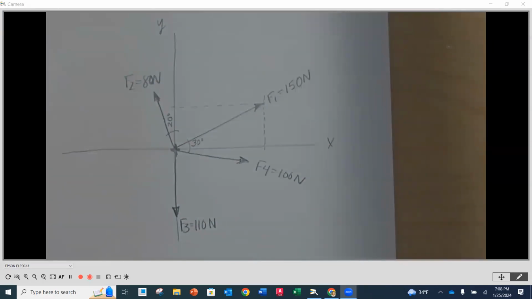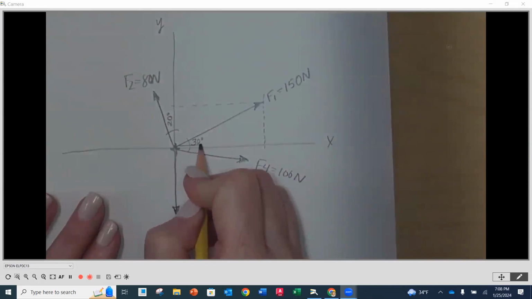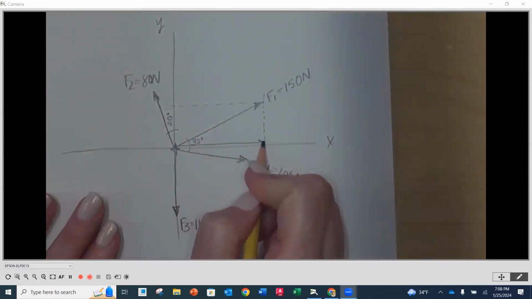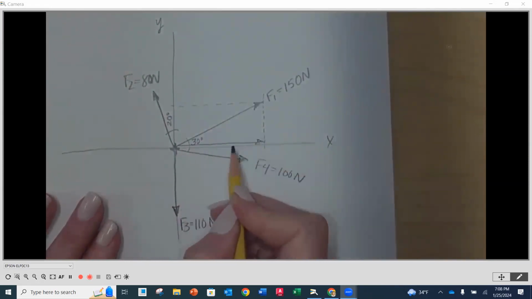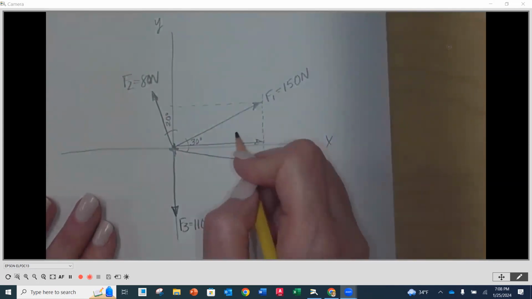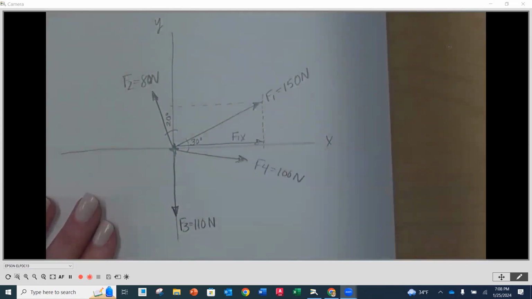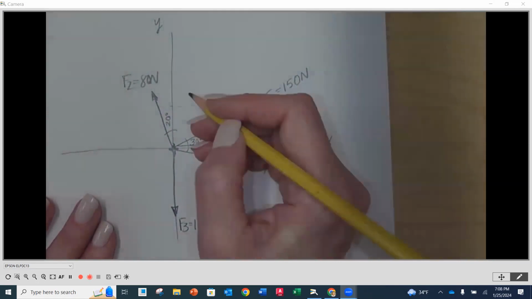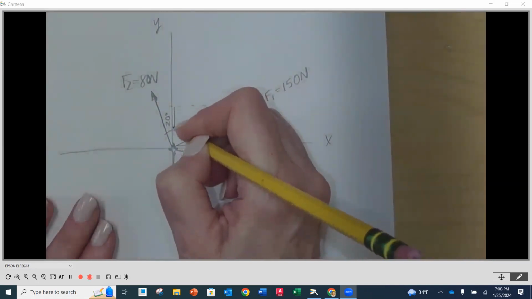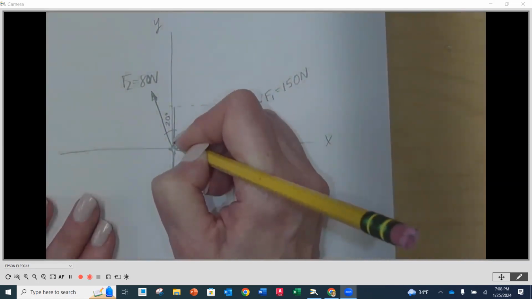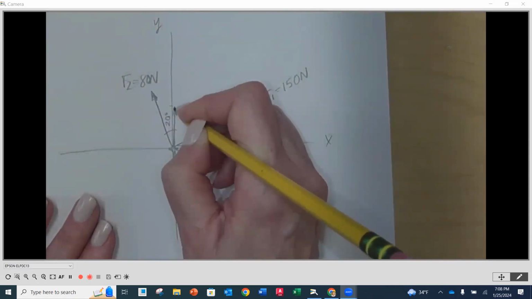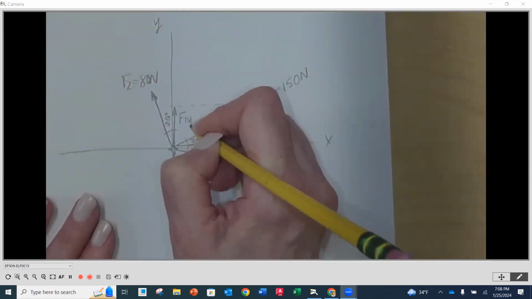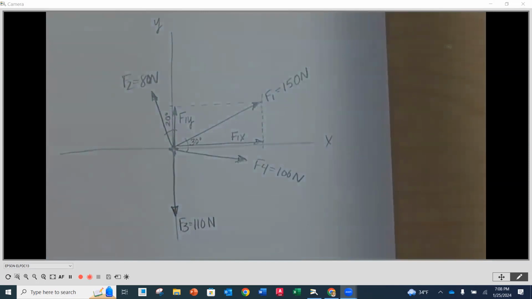They're physically on the axis, but I'm going to draw my X component for F1 slightly above the axis here, and I'm going to call this F1X. And then I'm going to do the same thing for the Y component just to the right of the Y axis that I have drawn. This is going to be my F1Y. So you see why we want to have some room, right? We want to make this nice and big so we can actually draw these and label them.